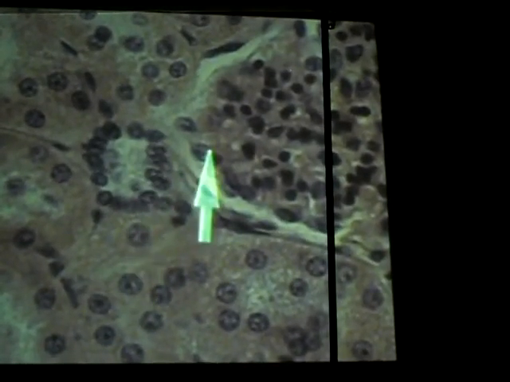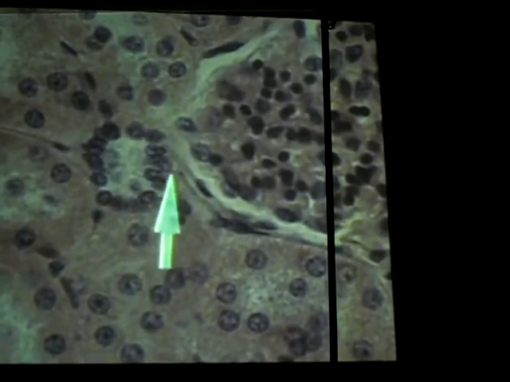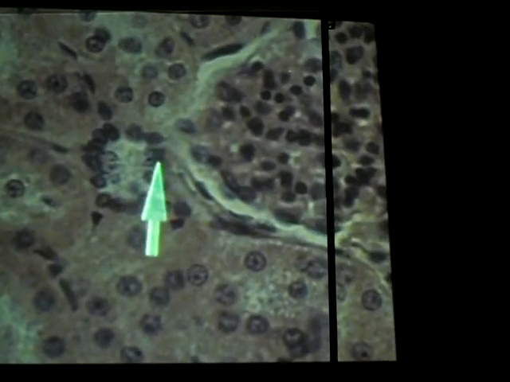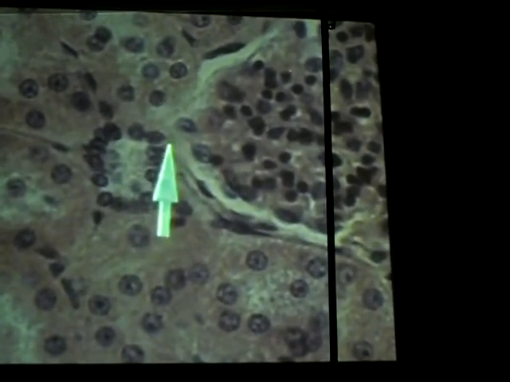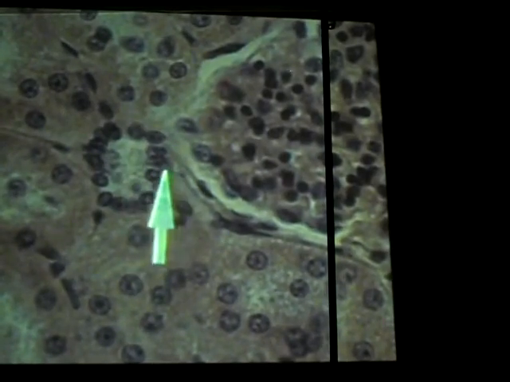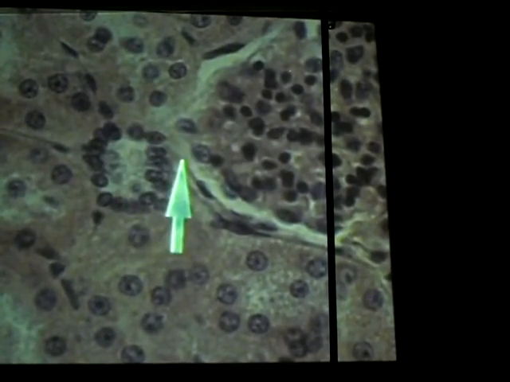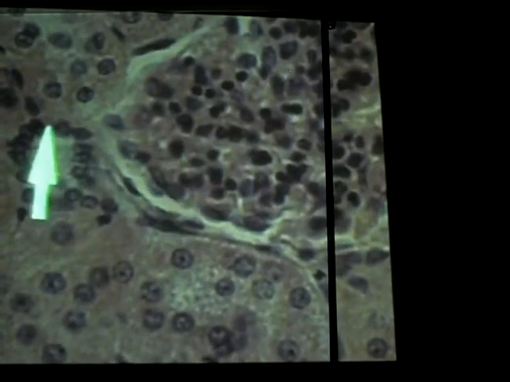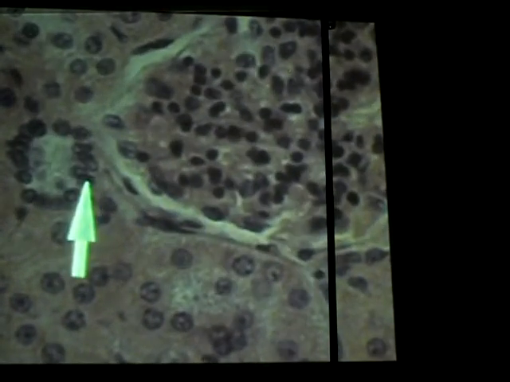Notice that where the cells are closer to the glomerulus, the nuclei are bunched together on this side. Those cells make up your macula densa. It's always in your distal convoluted tubule, and always on the side that's closer to your glomerulus.